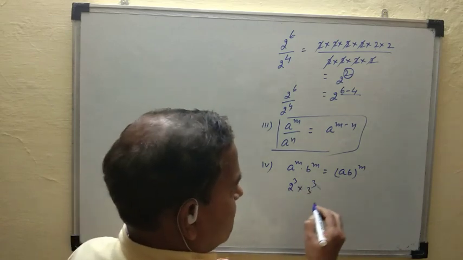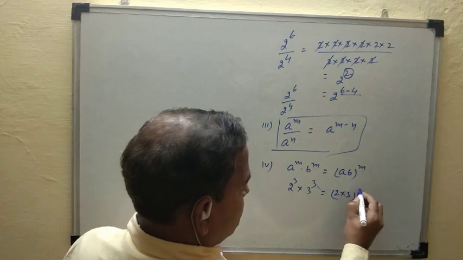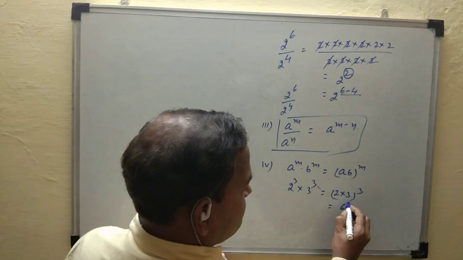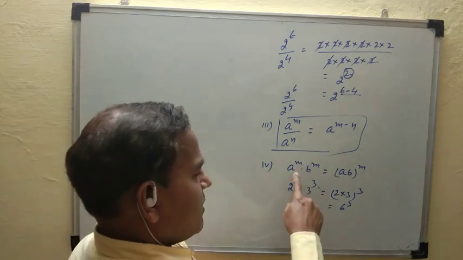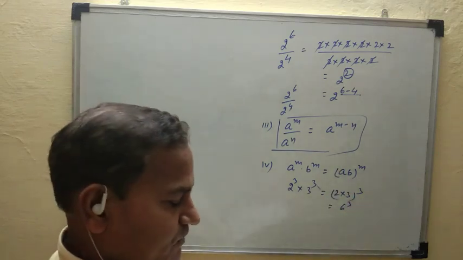The power is the same, so this becomes 2 into 3 to the power 3, that is 6 to the power 3. तो पावर सेम रहने पे बेस डिफरेंट है, तो आप दोनों का प्रोडक्ट करके होल पावर करोगे.